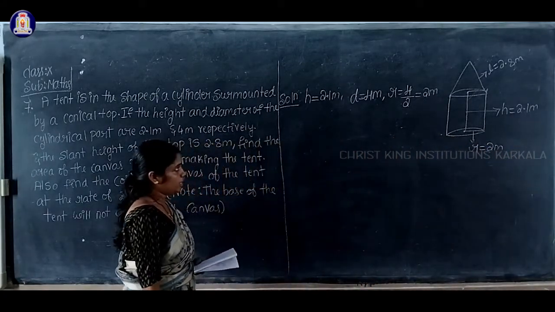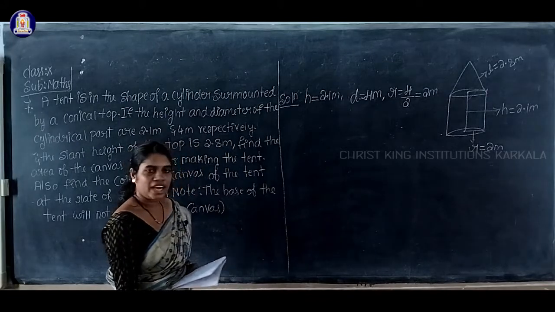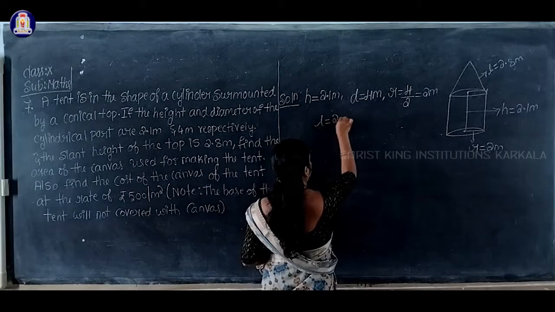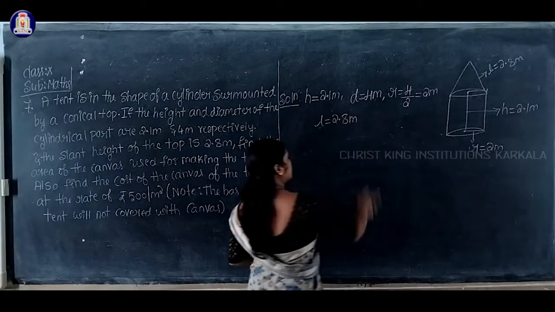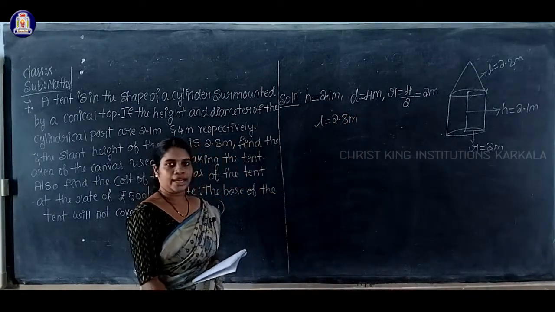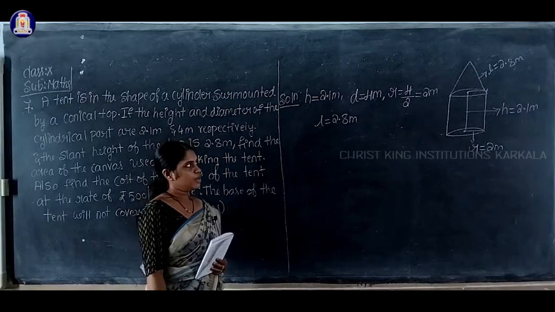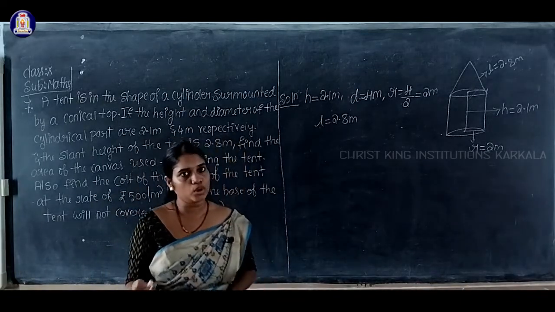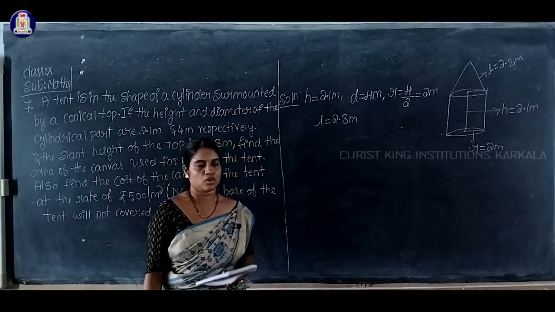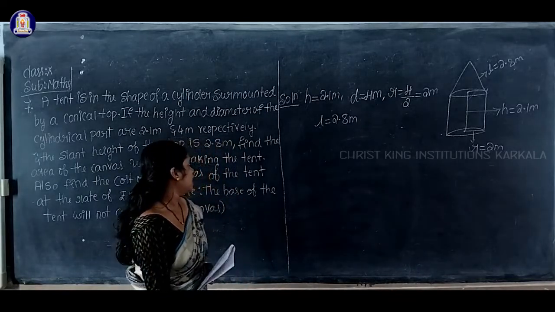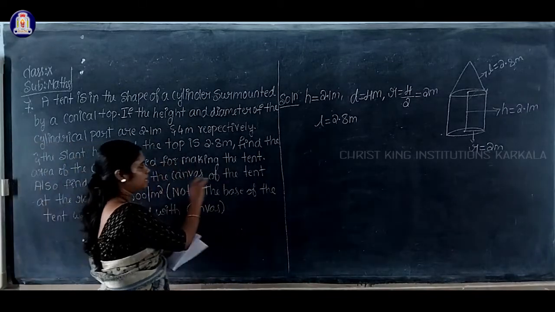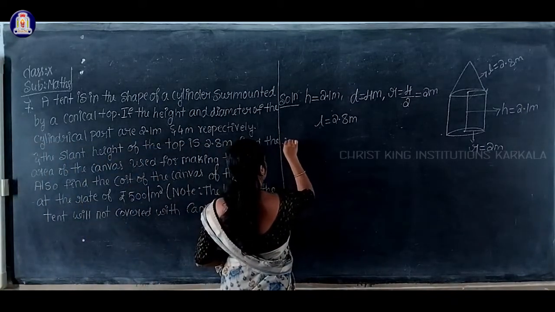Also, the slant height of the cone is given, so L is equal to 2.8 meter. See students, the radius value will be the same for the cone as well as the cylinder. Now I am going to calculate the area of the canvas used for making the tent.